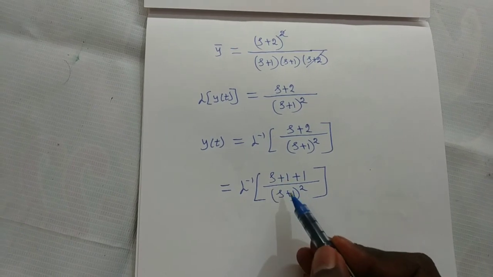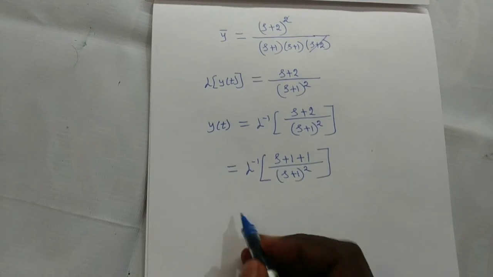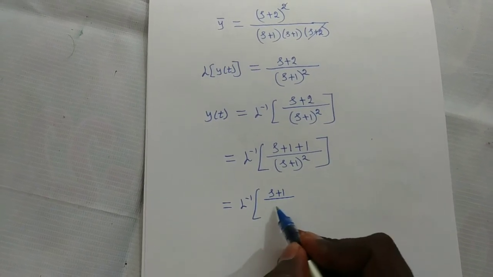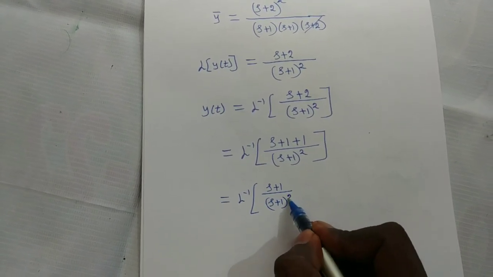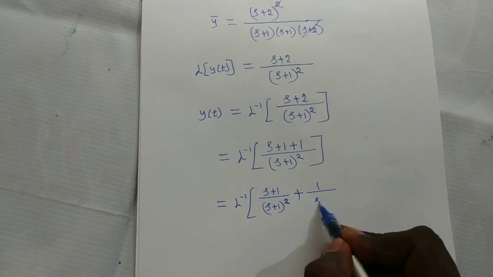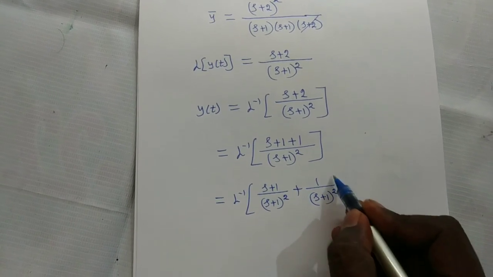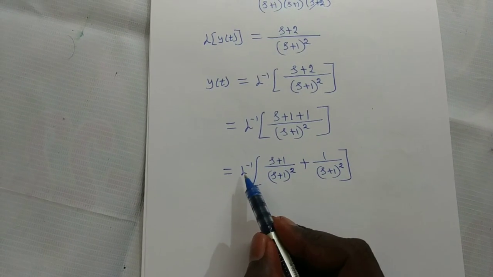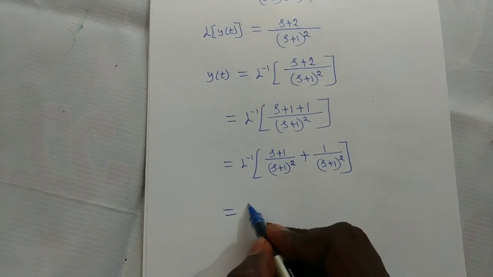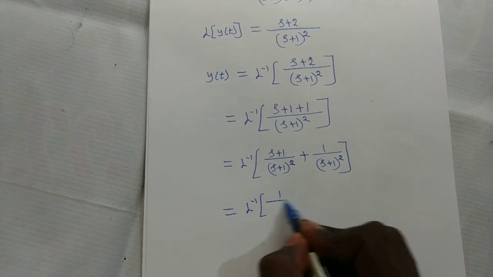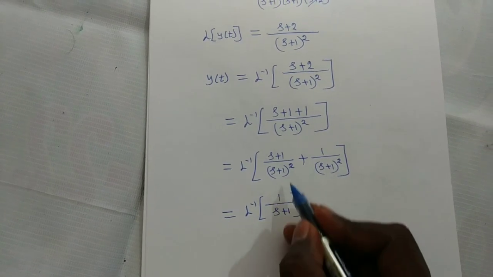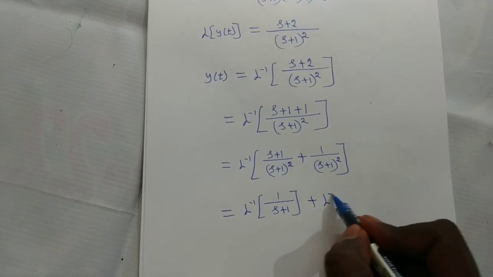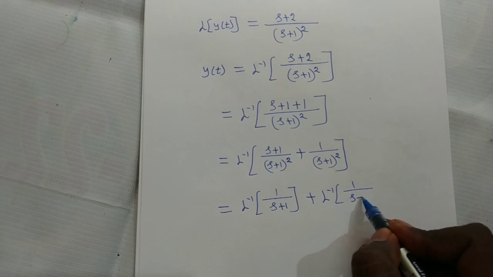So (s plus 1) by this plus 1 by this. So L inverse of (s plus 1) by (s plus 1) the whole square plus 1 by (s plus 1) the whole square. But you see, one (s plus 1) will be cancelled. At the same time, I am going to take L inverse inside. So L inverse of 1 by (s plus 1), one (s plus 1) cancelled, take L inverse inside, plus L inverse of 1 by (s plus 1) the whole square.